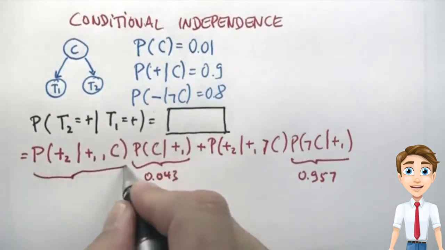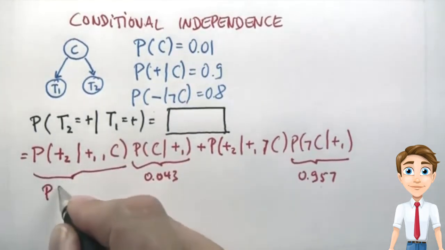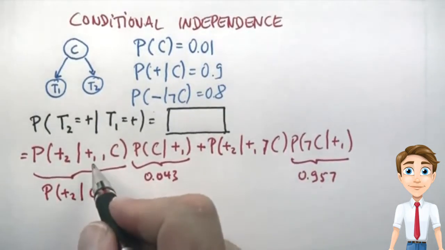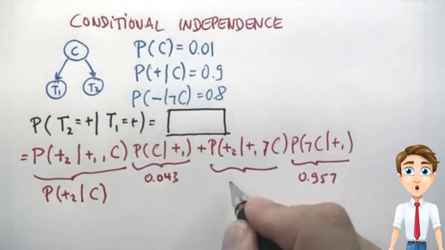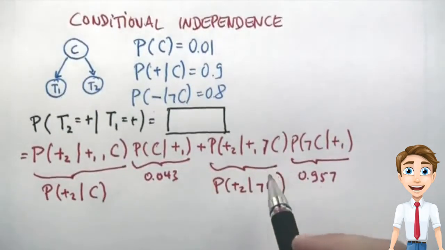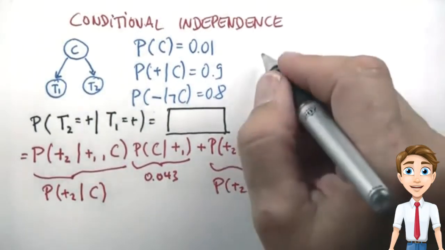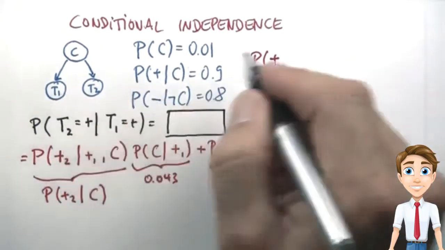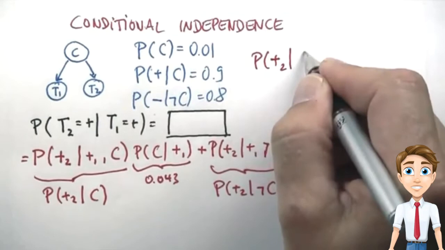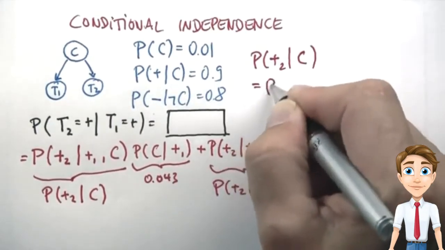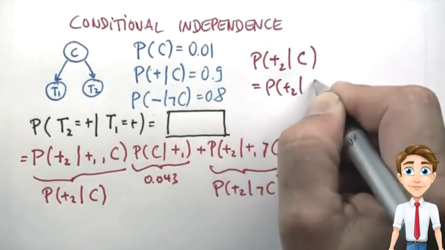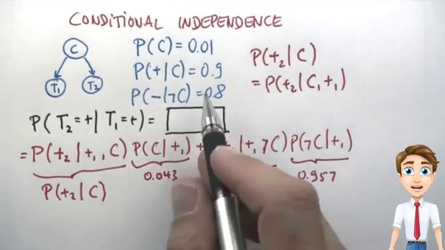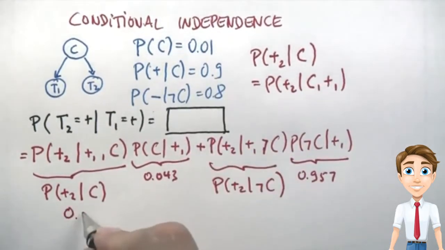So I can rewrite this thing over here as follows: P of +2, given that I have cancer. I can drop the +1, and the same is true over here. This is exploiting my conditional independence. I know that P of +2 conditioned on C and +1 is the same as P of +2 conditioned on C.